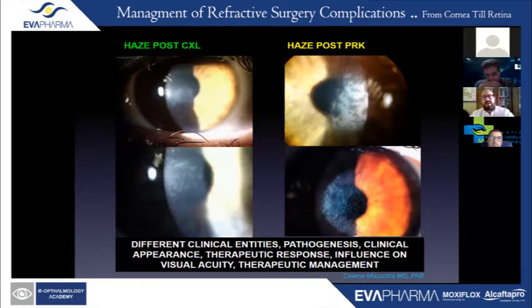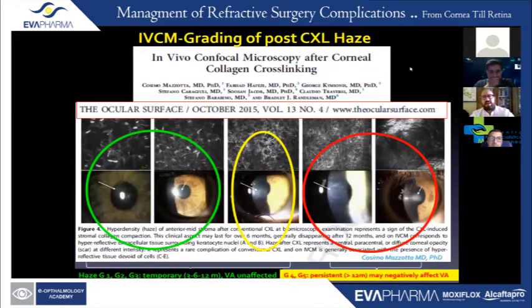Also the therapeutic management. This is my classification of AIDS with confocal microscopy that I have published in Ocular Surface. You can see that we may grade the AIDS in 5 steps. G1, G2, G3: generally this kind of hyperdensity of the stroma does not negatively affect the visual acuity of the patient. On the contrary, it increases the refractive index of the cornea, so patients see better in these cases.